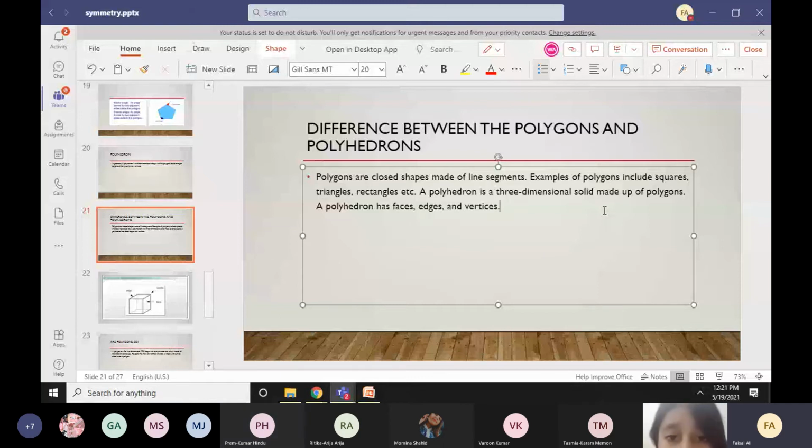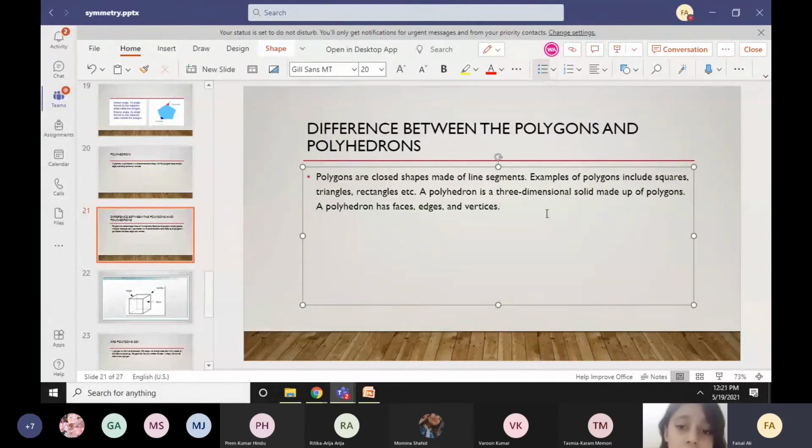We have learned today that a square is also a polygon, and when we attach all these polygons, it will become one figure, a cube or cuboid, that will become a room. So this is known as a polyhedron, and it will have edges, which mean sides. It will have vertex points, where two sides meet each other.